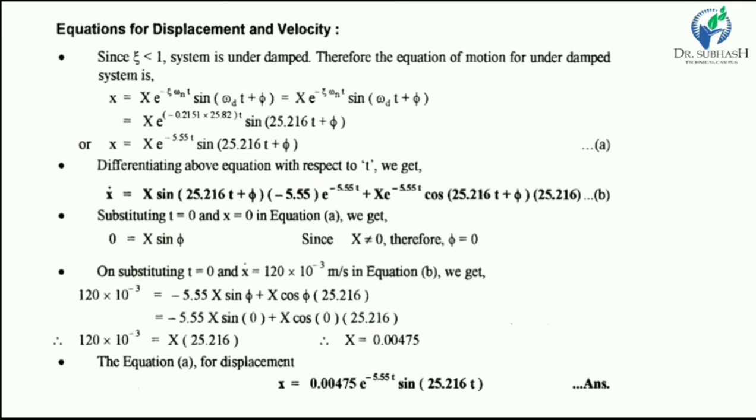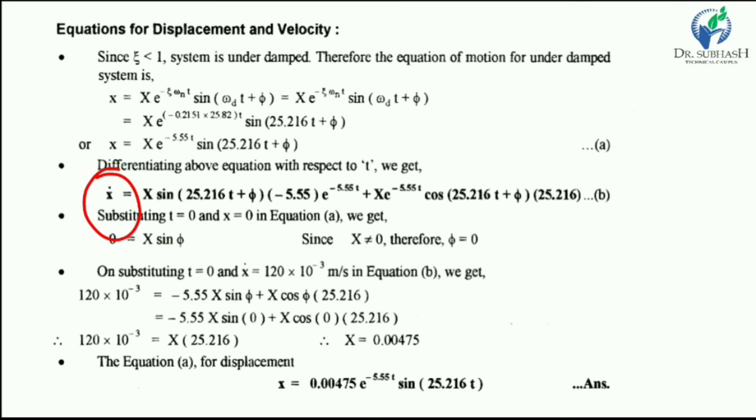So we have to find the values of X and phi. Capital X is an arbitrary constant. We know how to find the arbitrary constants by applying the boundary condition values. First we have to find the velocity equation from the displacement equation. How do we find it? Differentiate the displacement with respect to time, so we get the velocity.